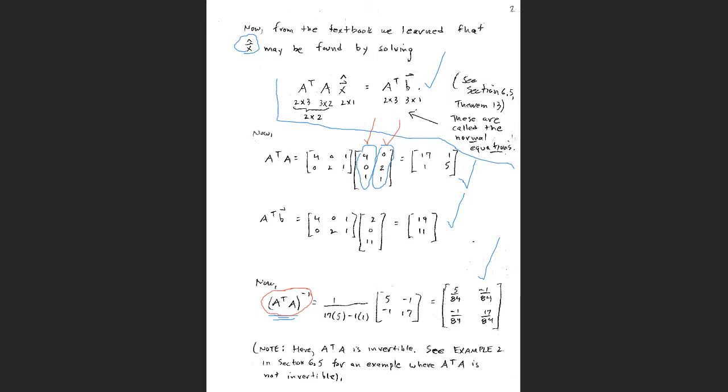Now, if the column vectors of the matrix A are not linearly independent, then you can't solve the normal equations with an inverse, okay? But you can still solve the normal equations, because the normal equations are a system of equations that you're solving.